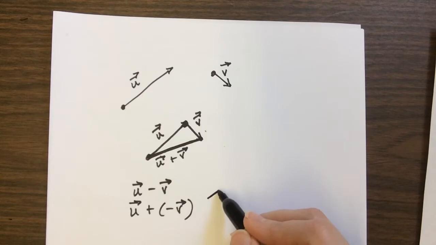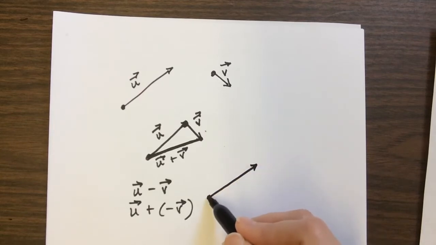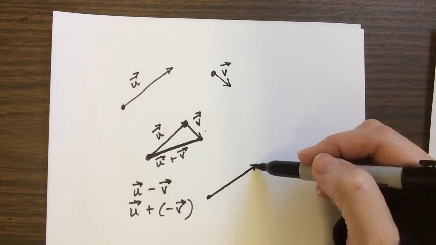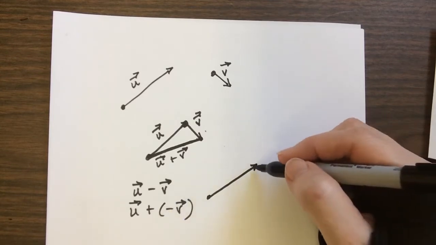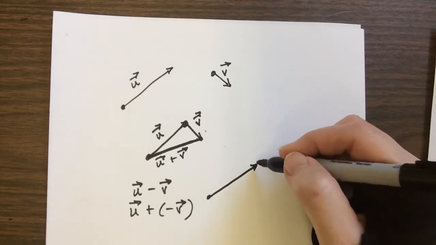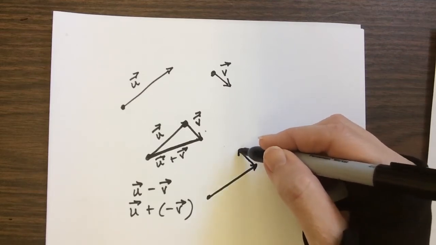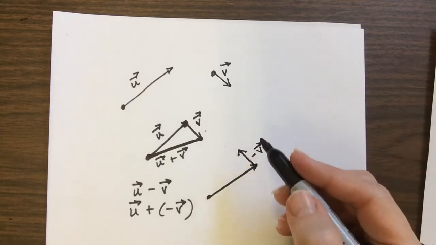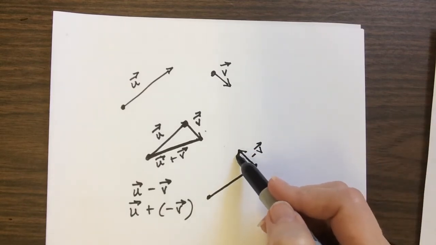So I'm looking at u, and then when I come up here to draw vector v, it's going to be negative, so I'm going to be going in the opposite direction. So instead of going down like that, I'm going to be going up like that. So there's negative v. And this new vector is right here.